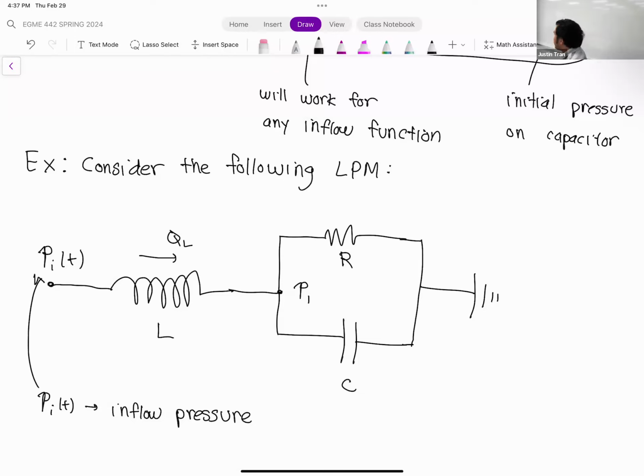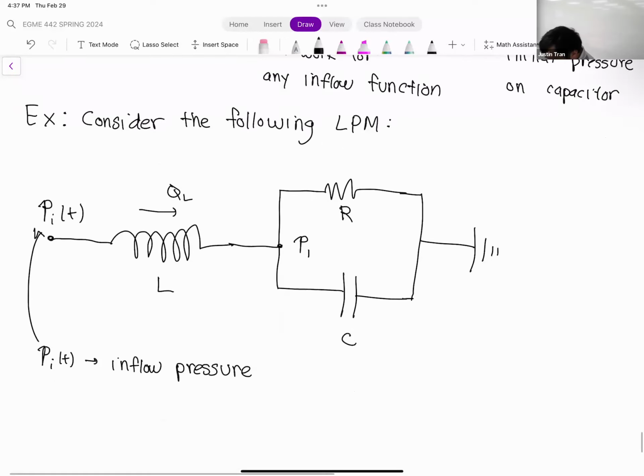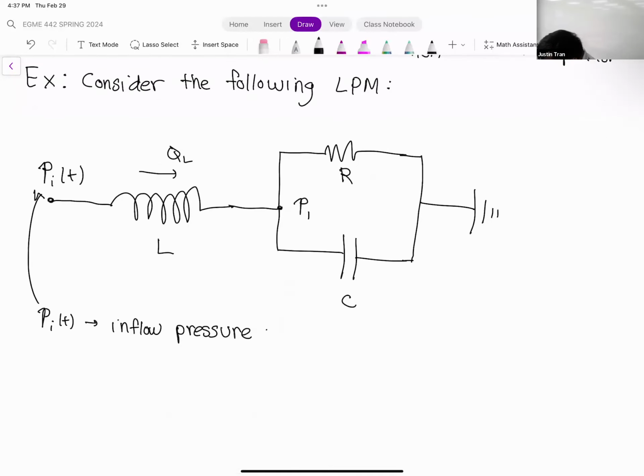Otherwise, it gets a little bit dicey in terms of how the mathematics work. In this particular case, I do give you a value for PI of T, because we are going to solve this one numerically using MATLAB. And so PI of T in this case is going to be 20 sine of pi times t plus 100.